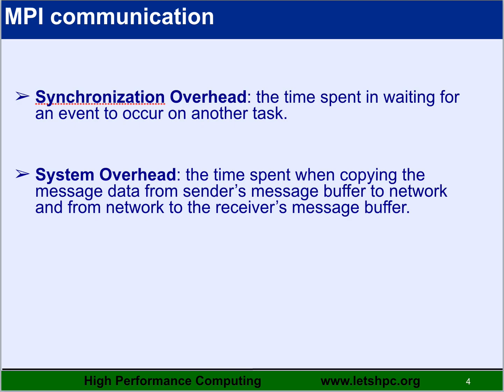Synchronization overhead is associated with the time spent waiting for an event or another task to occur, whereas system overhead is the time spent copying the message data from the sender's message buffer to the network and from the network to the receiver's message buffer. These are two important overheads associated with MPI programs, and we need to reduce them as much as possible.